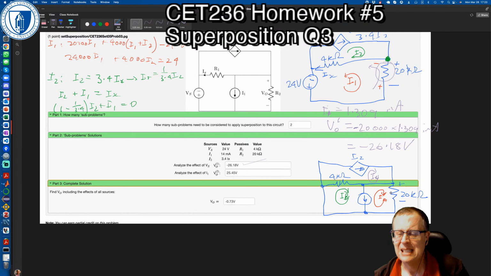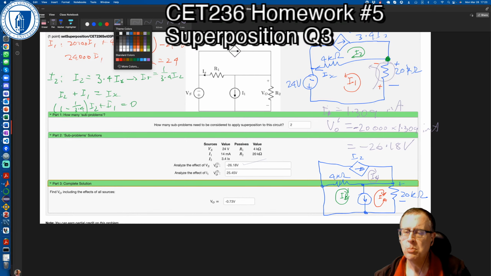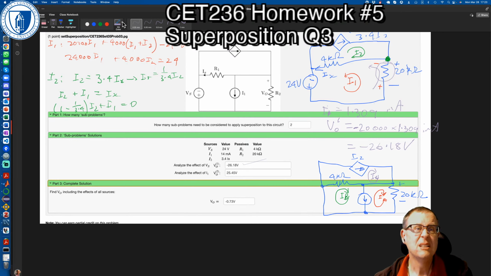And then what we can do is define a super mesh, if we can get the right color. I thought I selected a color, I didn't. Now we can define a super mesh that goes around like that.